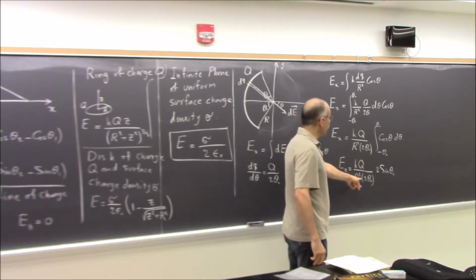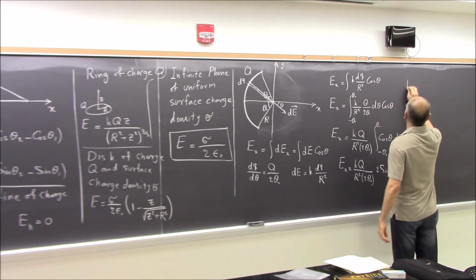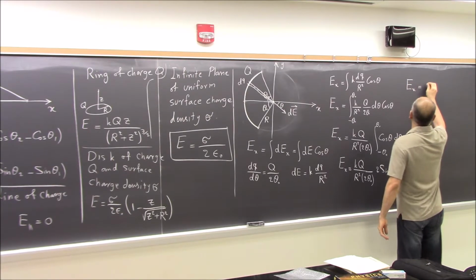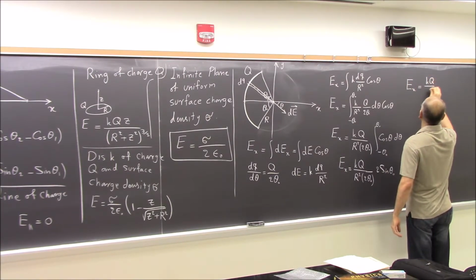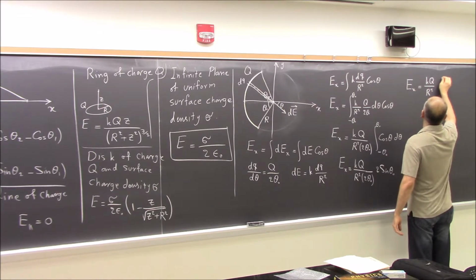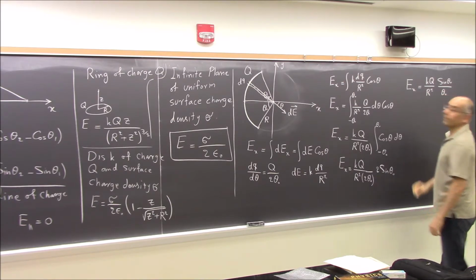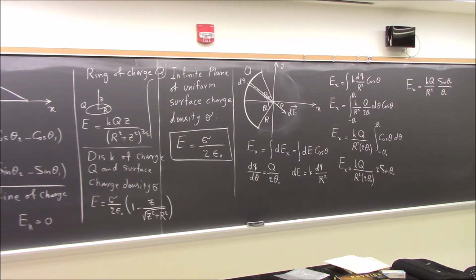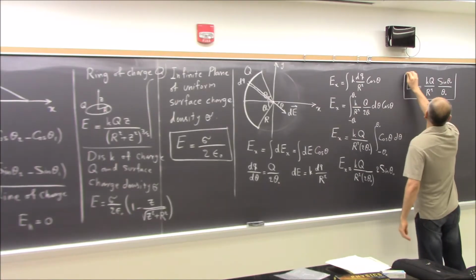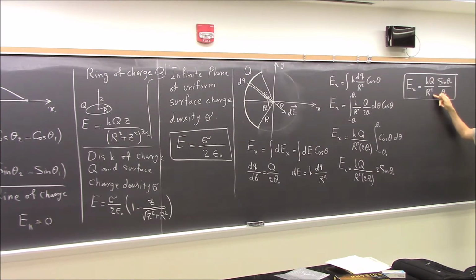The 2 cancels out, and the result will be this: kq over r squared times sine theta naught over theta naught. And remember that when you have theta naught itself in calculation, it has to be in radians. This result is simple. It's kq over r squared, that point charge formula, but multiplied by sine theta naught over theta naught.